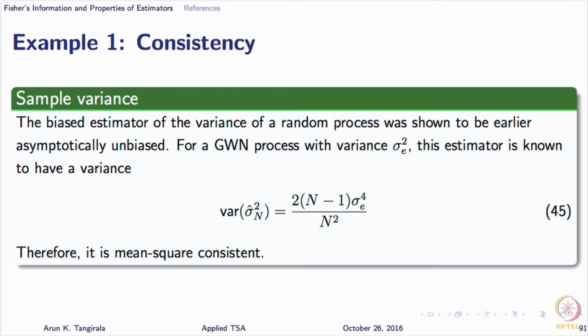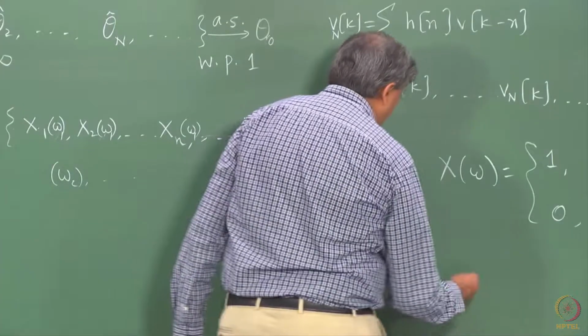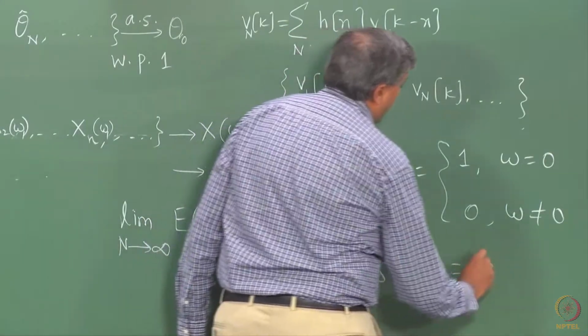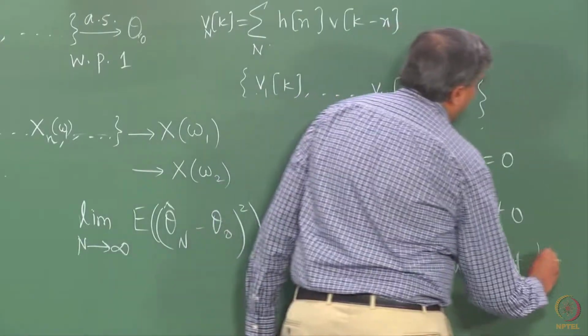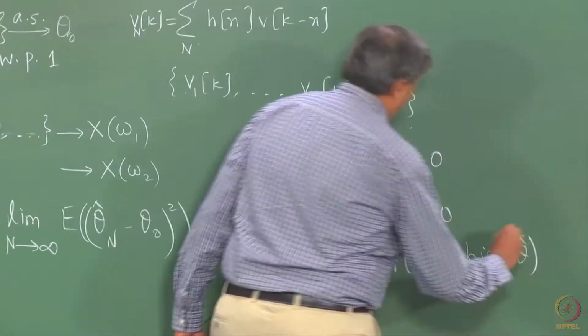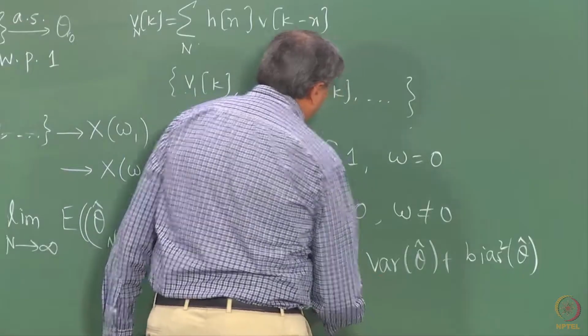This is not a mean square error. What is a mean square error? Mean square error is given by the sum of variance plus the bias square, right? This is mean square error, we have learned this yesterday.